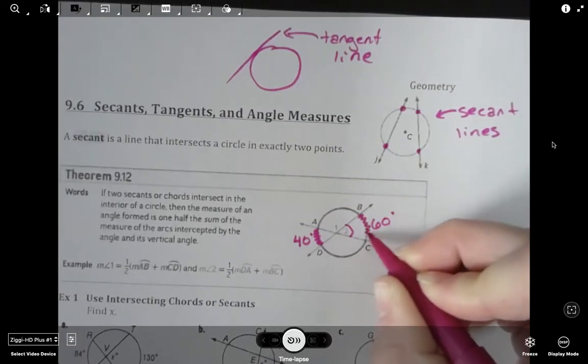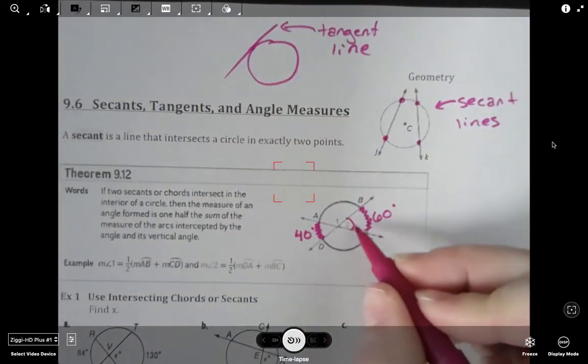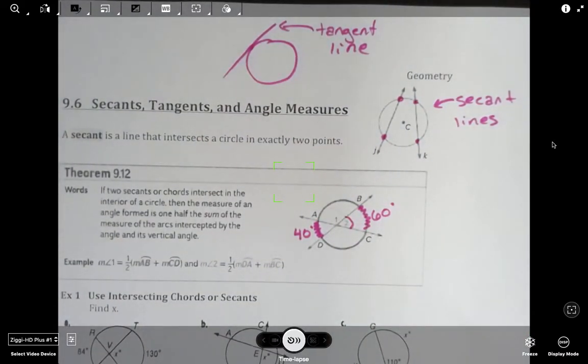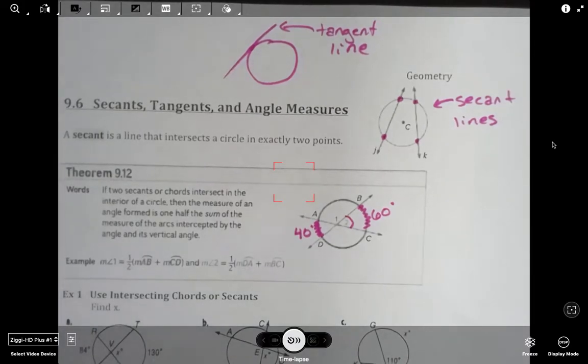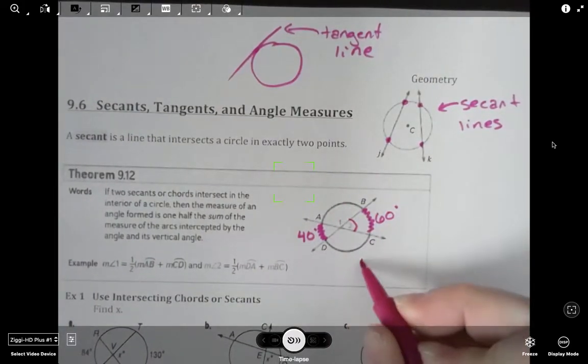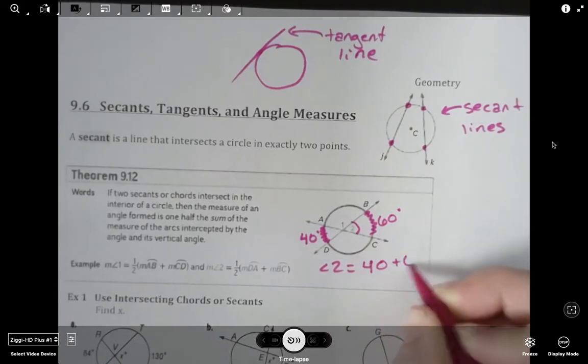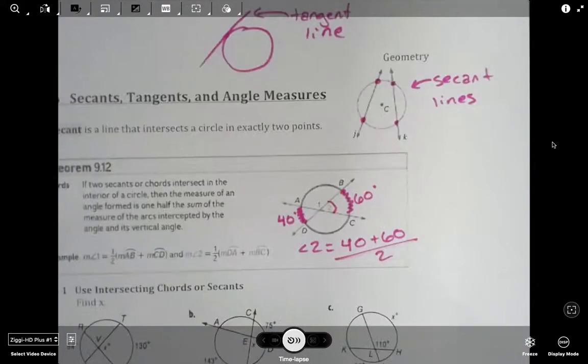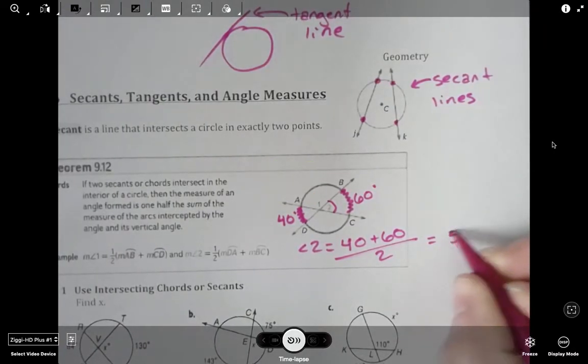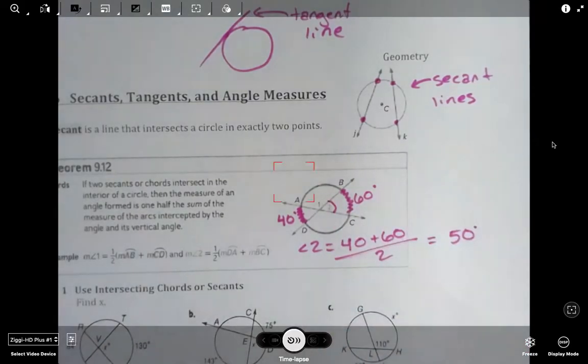What you do to find the measure of angle 2 is you add them together and you divide by 2. So angle 2 is equal to 40 plus 60, divided by 2. That's 50. Angle 2 would be 50 degrees.